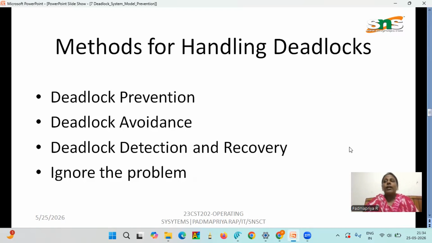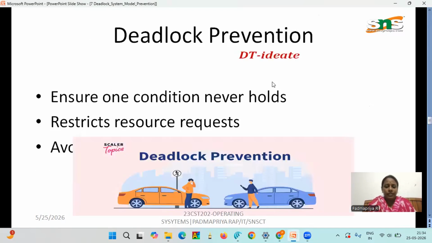Deadlock detection and recovery means we have to find the problem by using an algorithm and then recover from that problem. Otherwise, we can ignore the problem. And this is deadlock prevention.